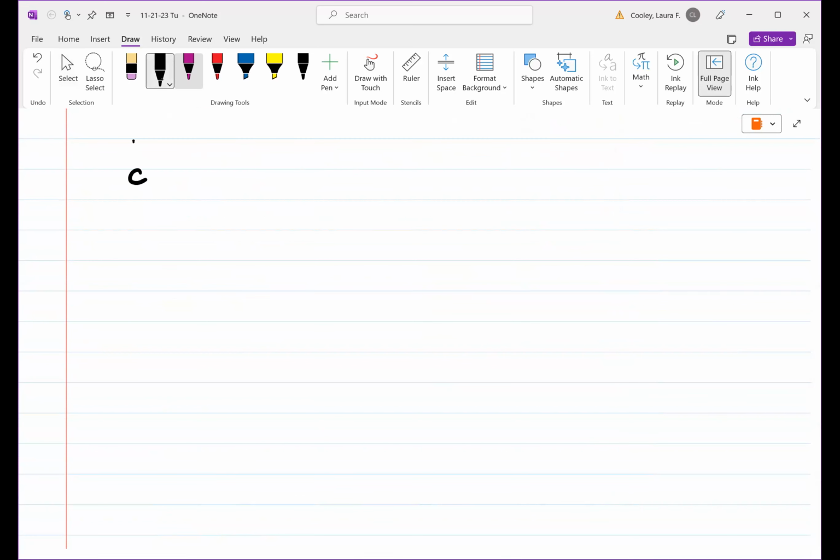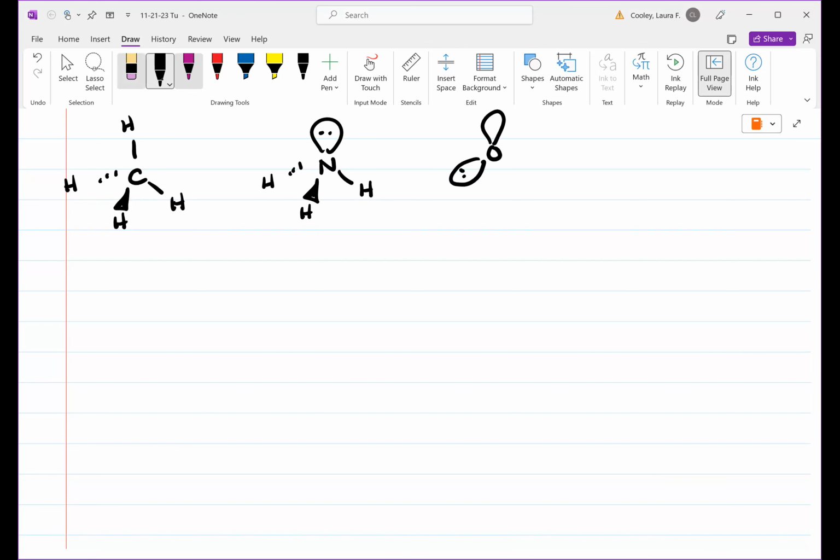We have the methane. We have the ammonia example with the 3 hydrogens in a little pyramid. And then we have the water, 2 lone pairs and 2 hydrogens.